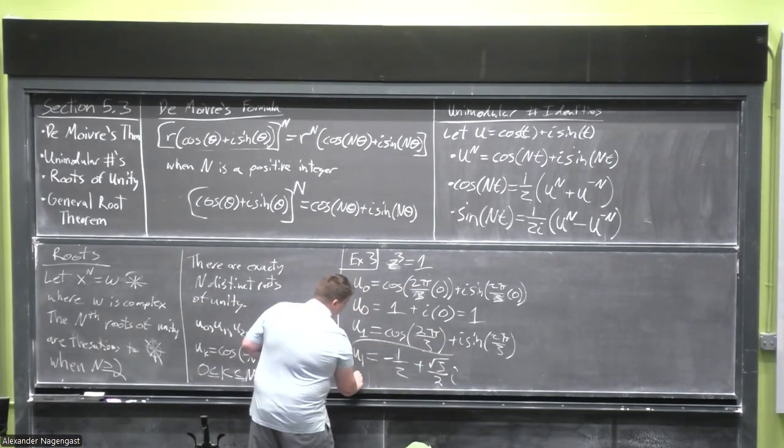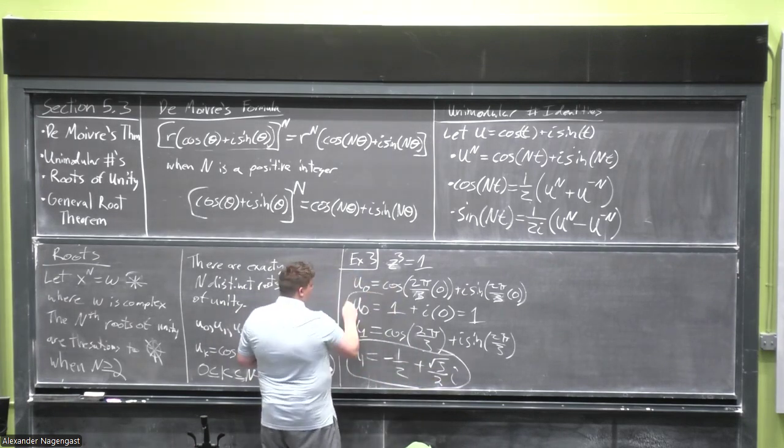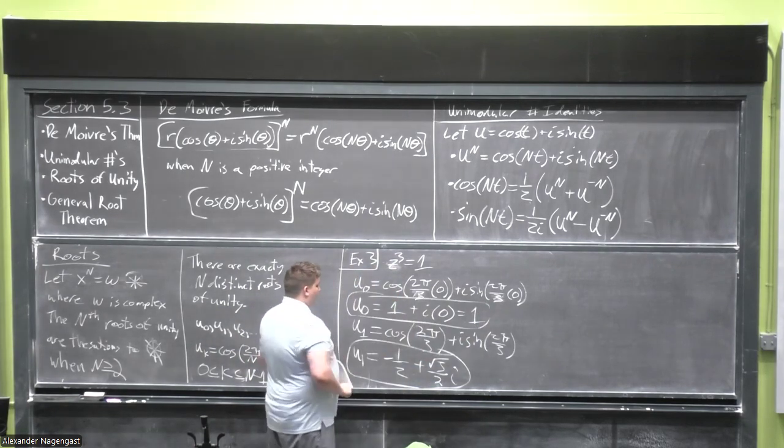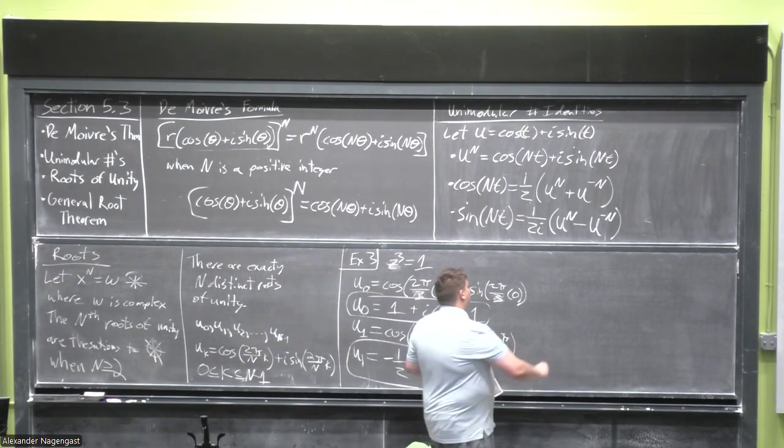So here's u1, here's our u0, and now we just need a u2.